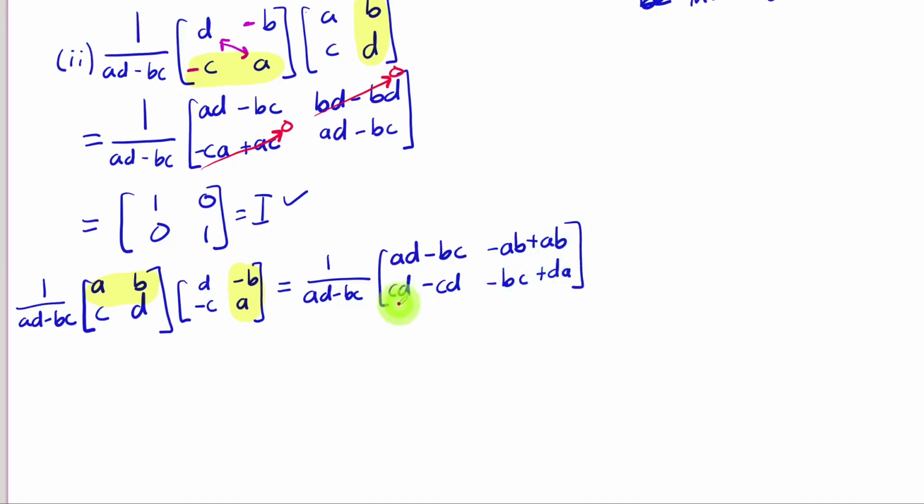And again, two of these become 0. And the others are identical to the thing in the denominator on the outside. So when you scale them all by this fraction, you just get the identity again.